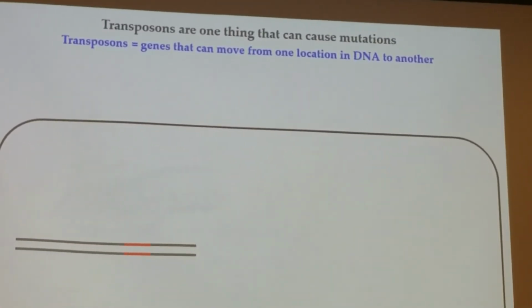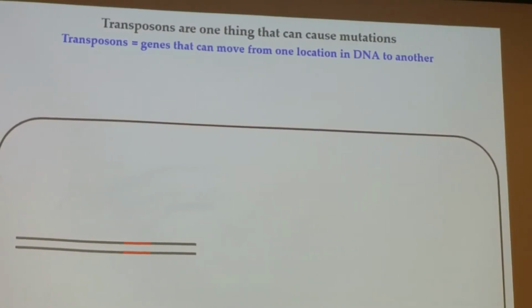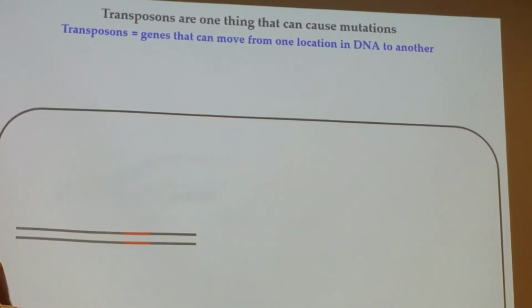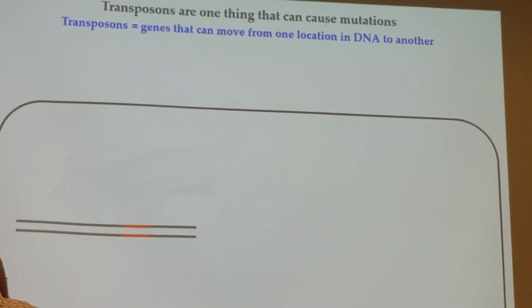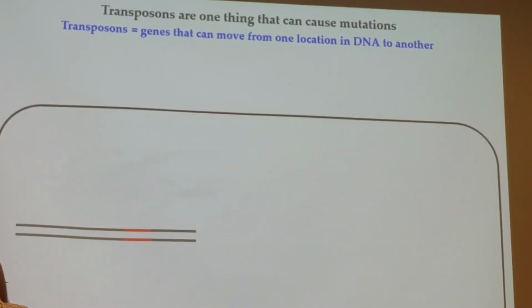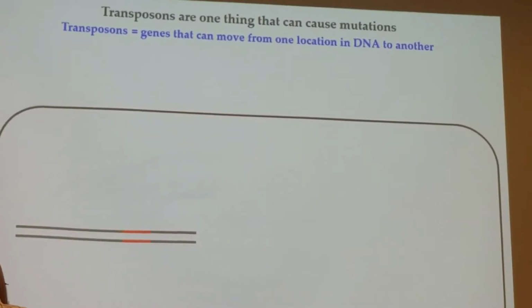For example, we'll see later that we have the ability to produce many thousands, millions of different types of antibodies to protect us against whatever virus or bacteria we encounter. And there's a thought out there that something like a transposon might be involved in allowing us to produce so many different types of antibodies. So it looks like a bad thing, but there could be some useful things that come out of it.